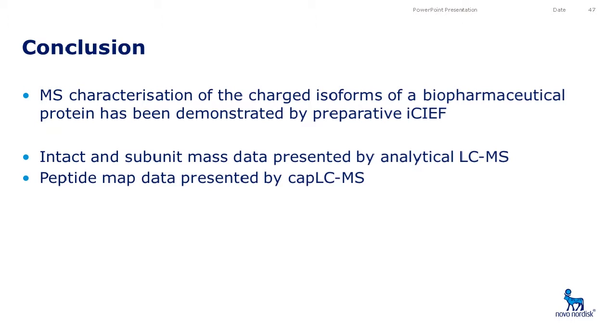This was even possible with a CAP-LC system, which has now shown to be more robust than a nano-LC-MS. So this for sure will be used in several projects in order to characterize the different isoforms we have within the projects.